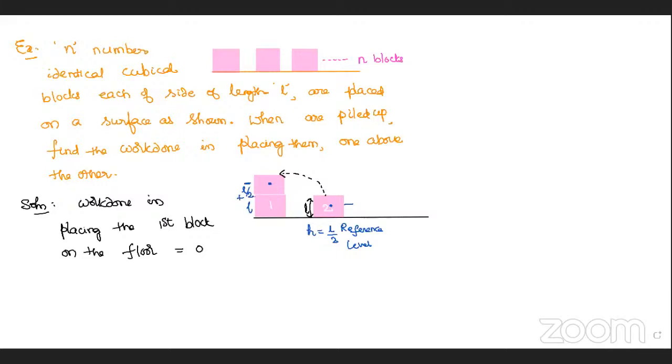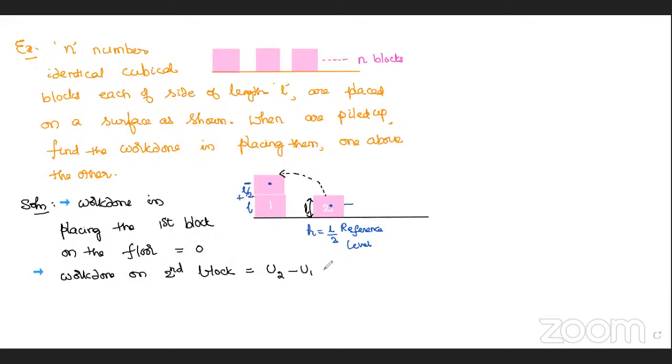I'm going to write here, the work done on the second block is equal to, work done means change in potential energy: final potential energy minus initial potential energy.